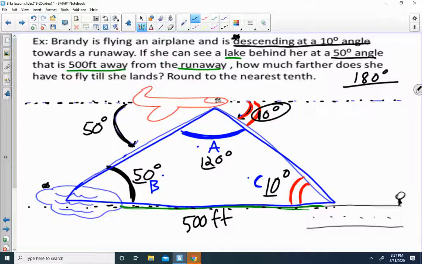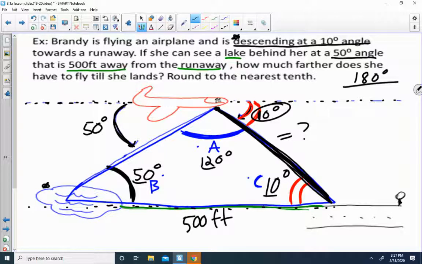Or in other words, if she's right there, how much farther does she have to fly until she reaches the runway? Or more specifically, isn't that kind of the same thing as looking for a side? I'm literally finding the side of the triangle that measures the plane to the runway. So in other words, I have to figure out what this side is.